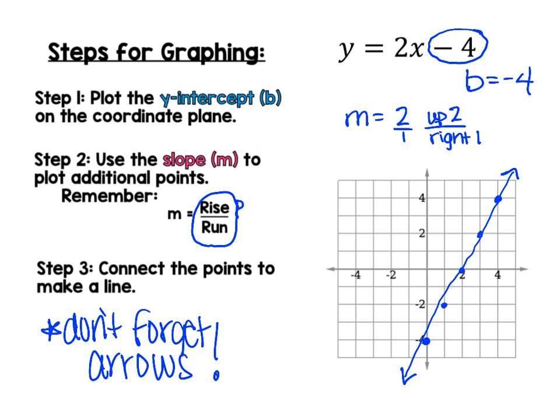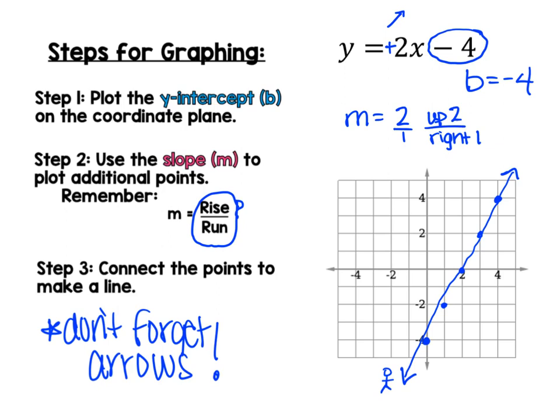So the arrows tell us that we actually graphed a line. It continues forever in both directions. And I'm going to double check: if I put a person on the left side to start, since my slope is positive, he should look like he's going uphill. Does it look like my person's going uphill? It does.